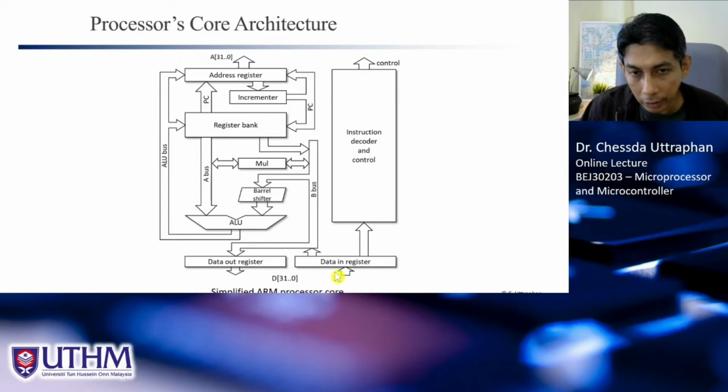One is the instruction itself, the instruction that tells the microprocessor what to do, and also the data that we want to process, right? So it can be data or instruction. So it goes through this data register. If it is an instruction, it will go through this bus to the instruction decoder. If it is data, it will go through this bus to the ALU or to the register bank.